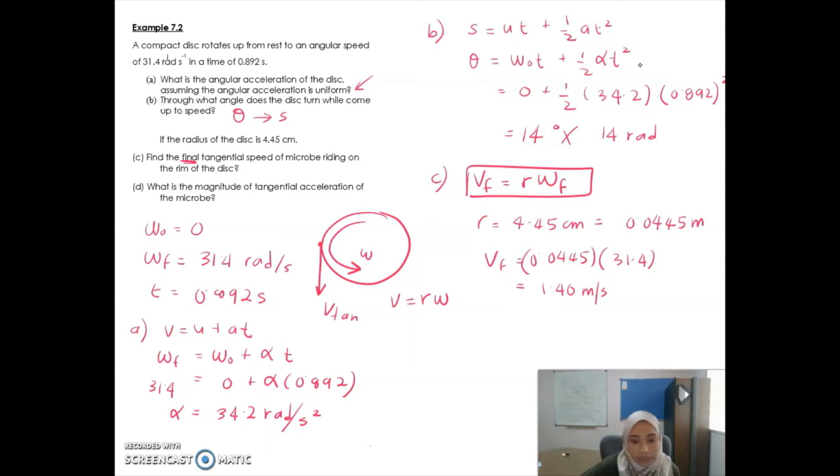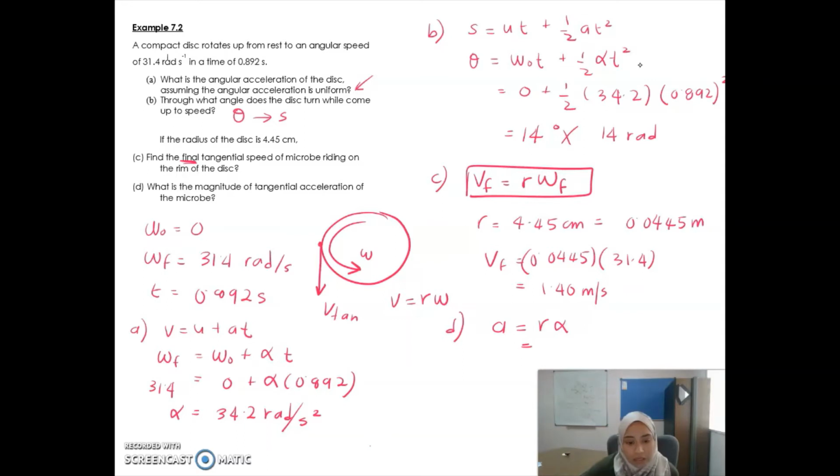Okay, pretty easy, right? And then D, what is the magnitude of tangential acceleration? Same thing, we can convert our alpha, or our angular quantity, to a linear quantity by a certain equation, and the equation for acceleration is A equals R alpha.